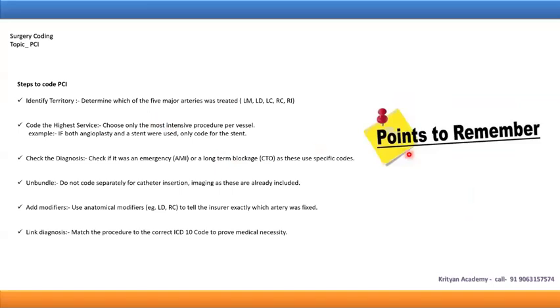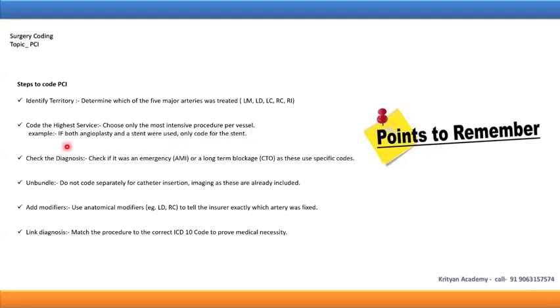And let's see some points to remember here. Identify the territory: as we discussed in the previous slide, determine which of the five major arteries were treated, as we know, LM, LAD, LC, RC, or RI, and code the highest service. Choose only the most intensive procedure per vessel.